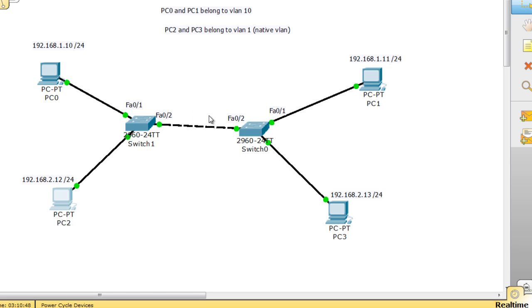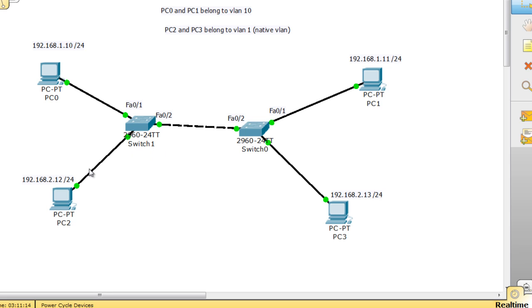So right now I'm going to do a simulation and show you what is inside the 802.1q tag. But first I'm going to explain what the native VLAN is. The native VLAN is a VLAN that doesn't require a tag for the switch.